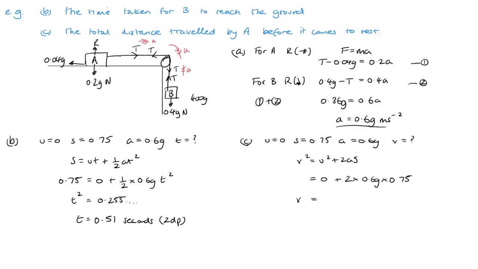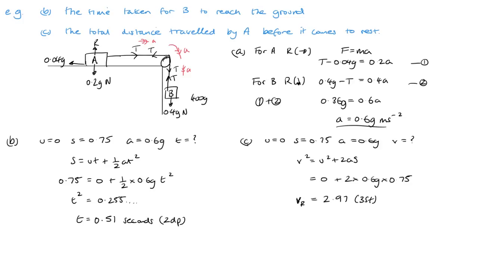Square rooting that gives 2.9698, so 2.97 to 3 significant figures, but we'll use the full answer in the calculator.